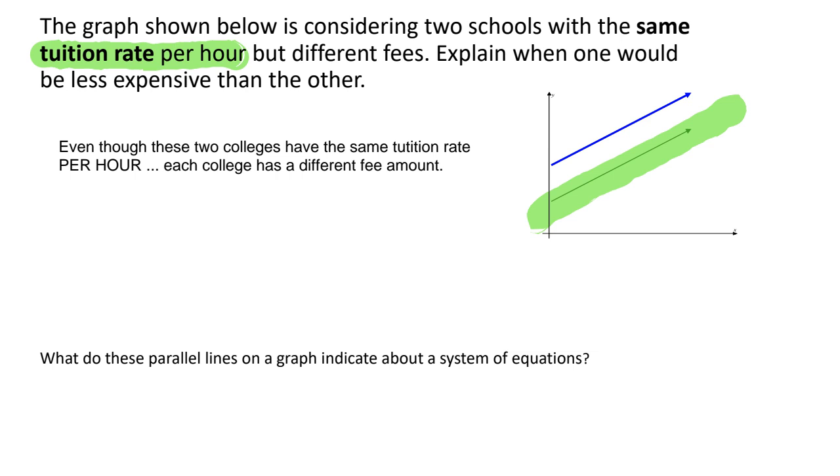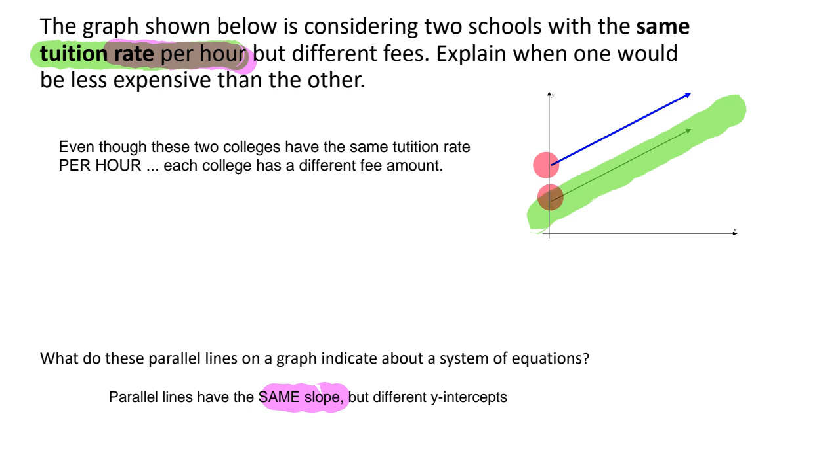Same slope. Remember, slope is a rate of change. Well, notice this lovely word, rate per hour. They have the same slope, but they have different y-intercepts.